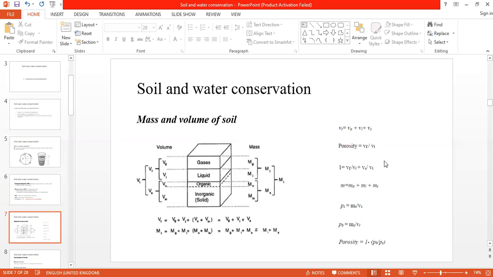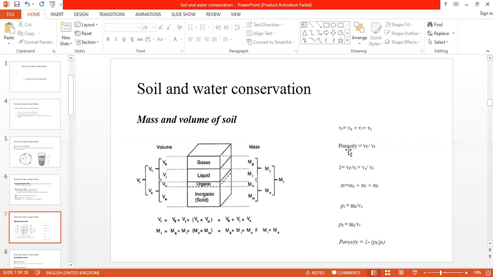So we introduce a property which we call porosity, which is a ratio of the volume of air plus water to the total volume. So what's the ratio of this volume of pores? If you add the volume of water and the volume of air, it will be equal to the total pores in your soil.